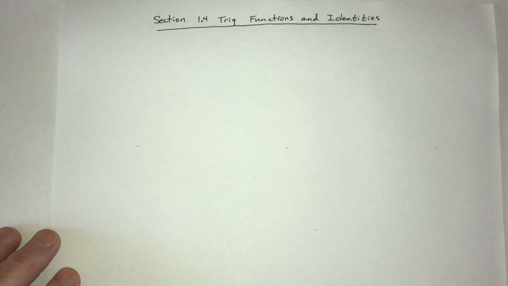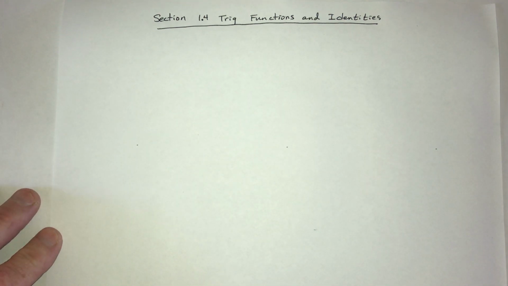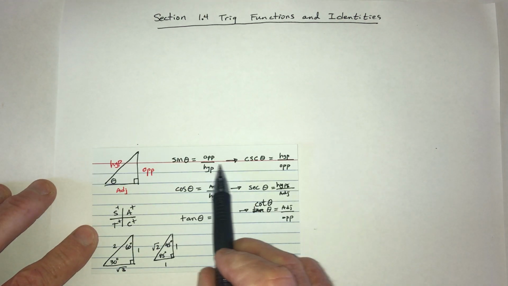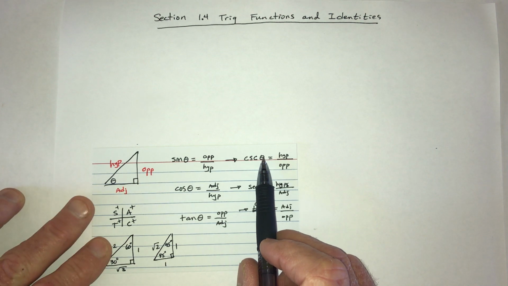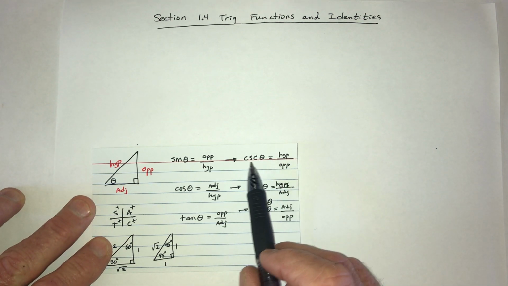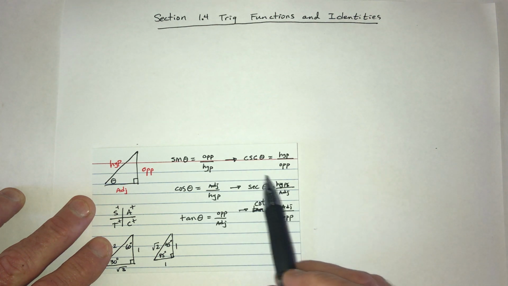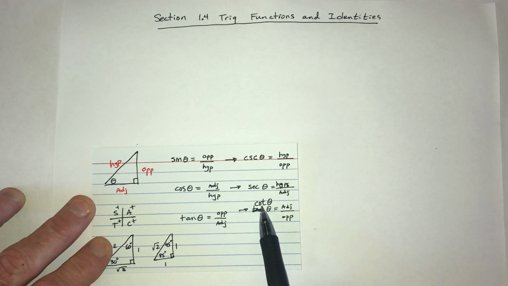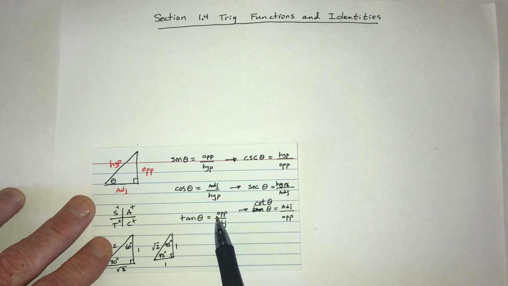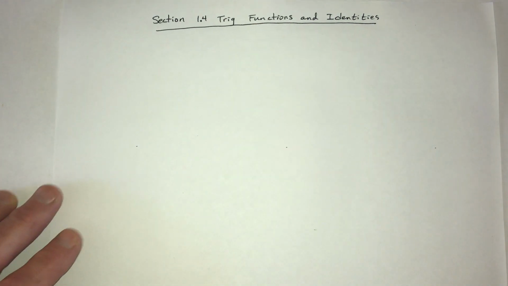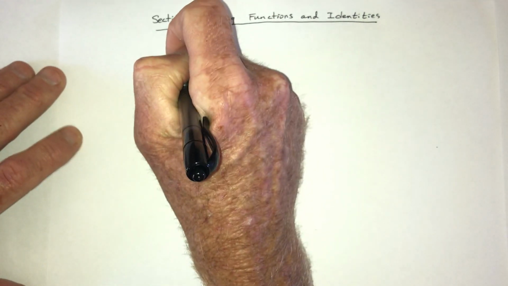Now on to section 1.4. So actually we start with these identities right here, that cosecant is the reciprocal of sine's fraction, secant is the reciprocal for cosine, and cotangent is the reciprocal for tangent. Those are called the reciprocal identities.